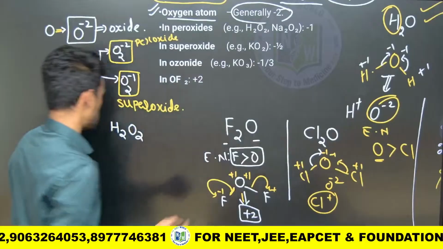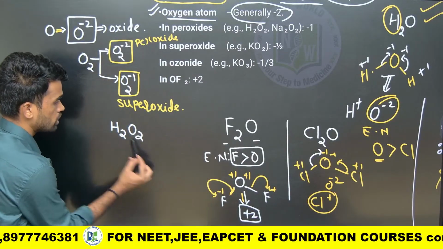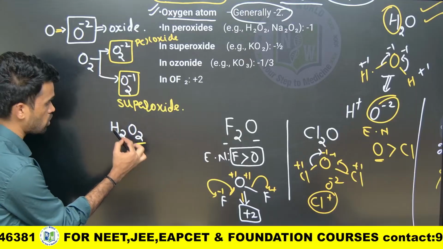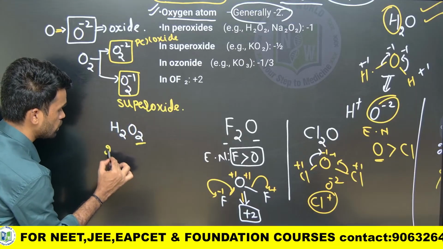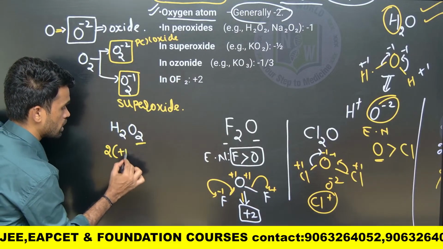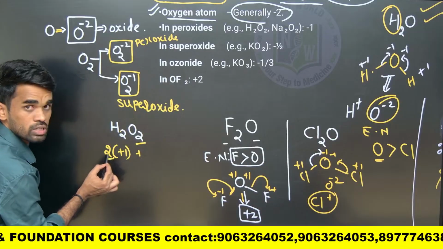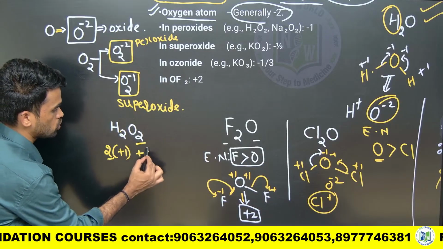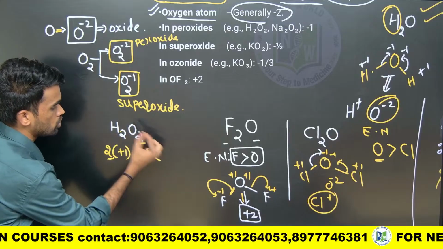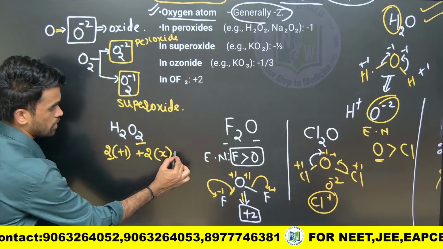Now what is the oxidation state of oxygen in this case? We know the electronegativity of oxygen is more than hydrogen, therefore for each hydrogen you should keep +1 charge. Plus 2 hydrogens are there, so 2 into +1. 2 oxygen atoms: we don't know the oxidation state of oxygen, let us say x.